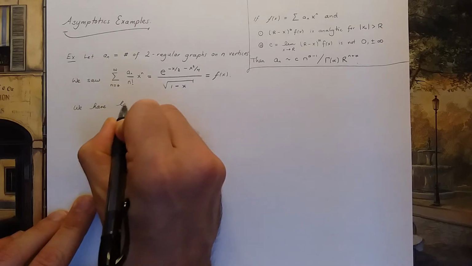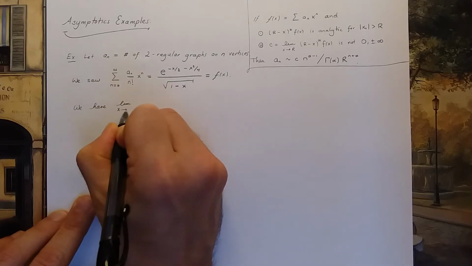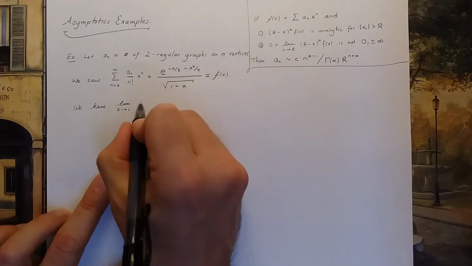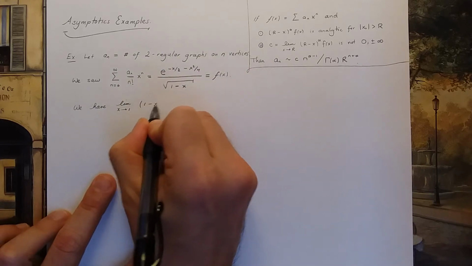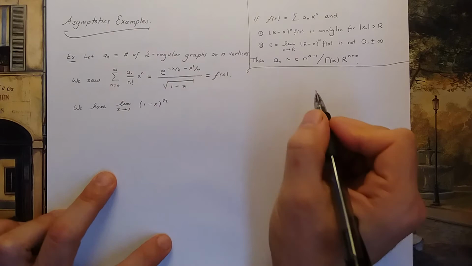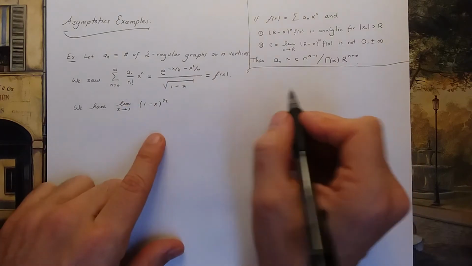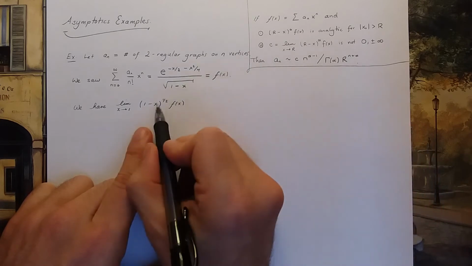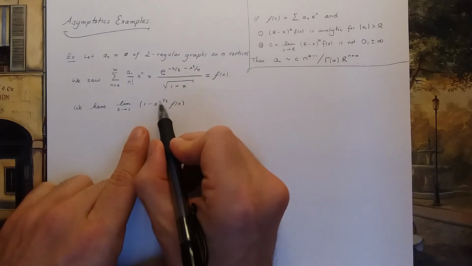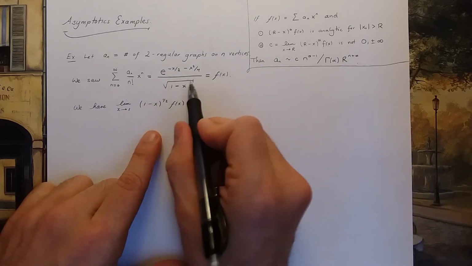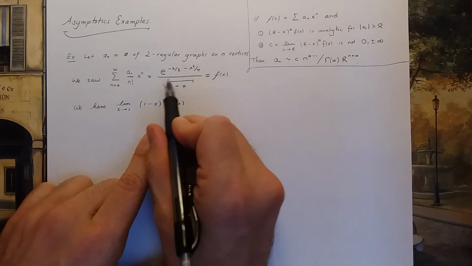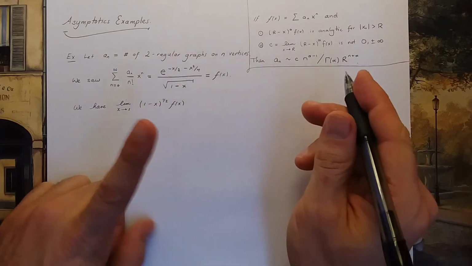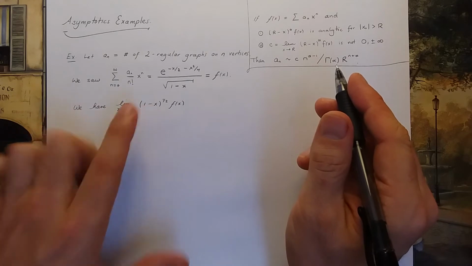I'm going to look at the limit as x goes to 1 of (1 minus x) to the 1/2 power, so the square root, times f of x. So if I multiply by (1 minus x) to the 1/2 power, it is going to cancel with this term here causing the singularity at 1. So I'm going to remove the singularity.